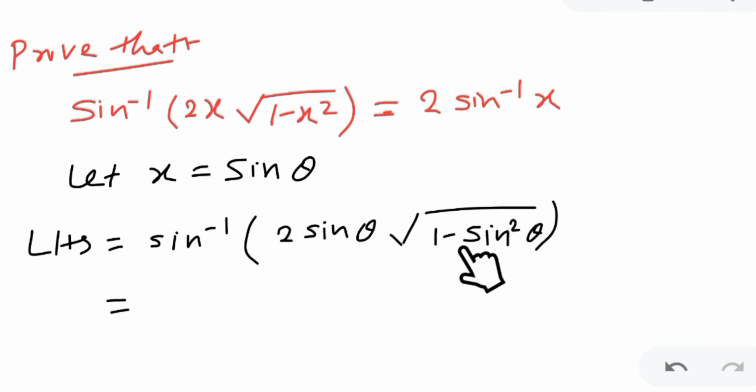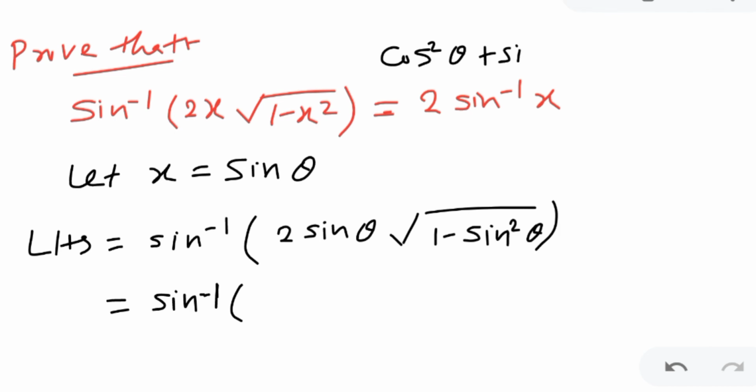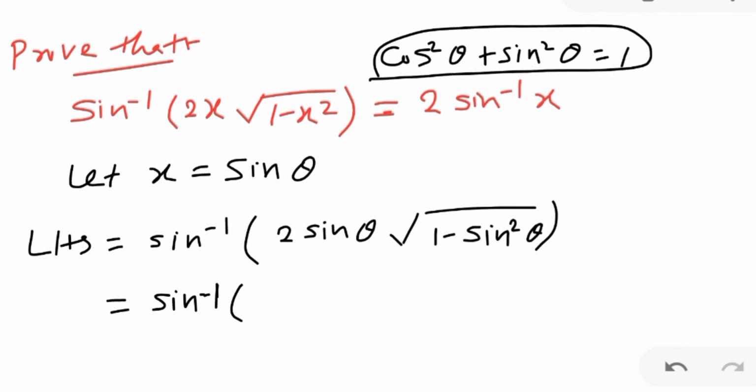I hope you know this. These are simple relations. Taking sine square to the right side, 1 minus sine square theta will be cos square theta using this formula. So 2 sine theta and square root of 1 minus sine square theta, I will write as cos square theta, correct?